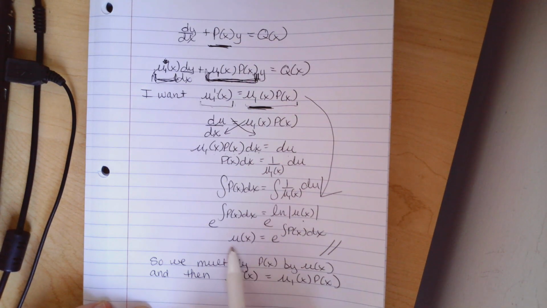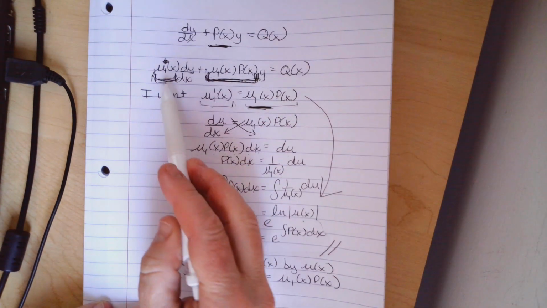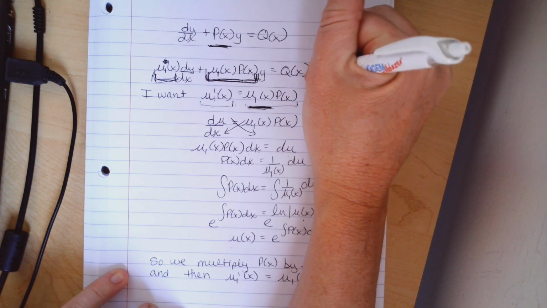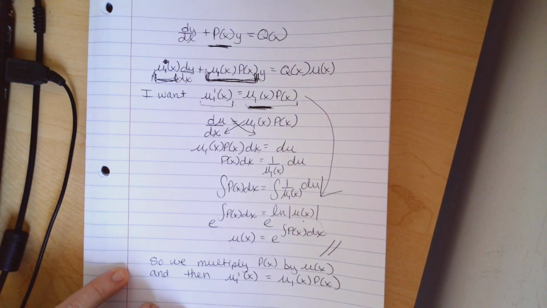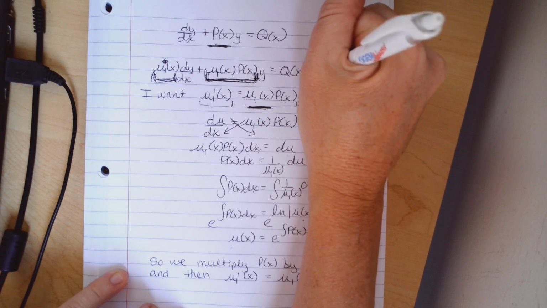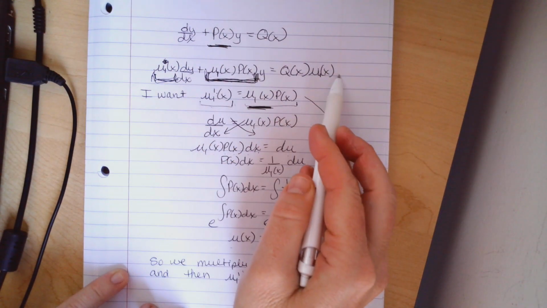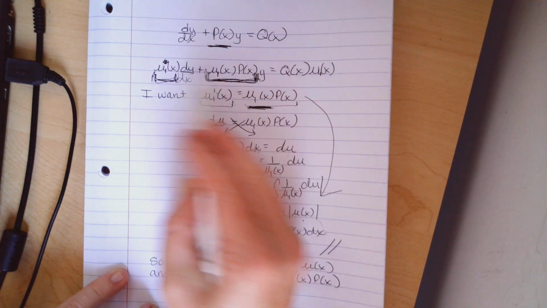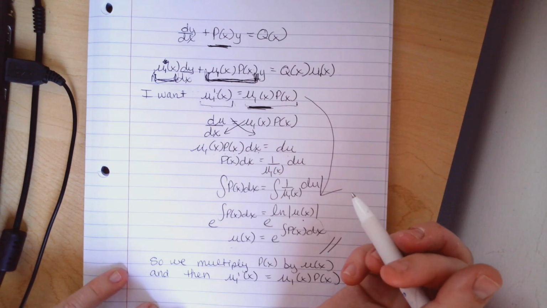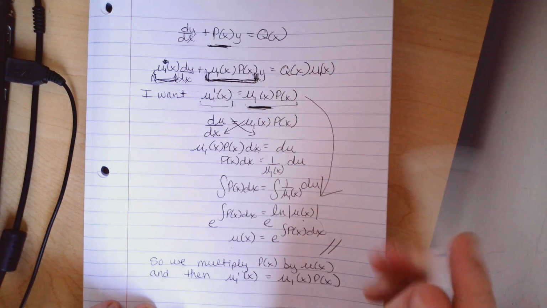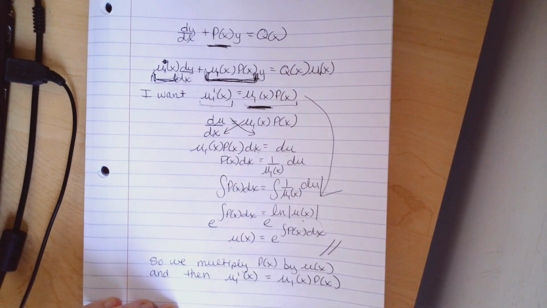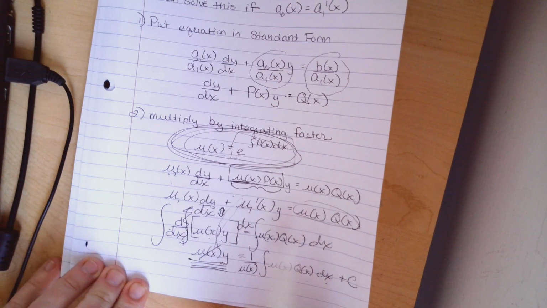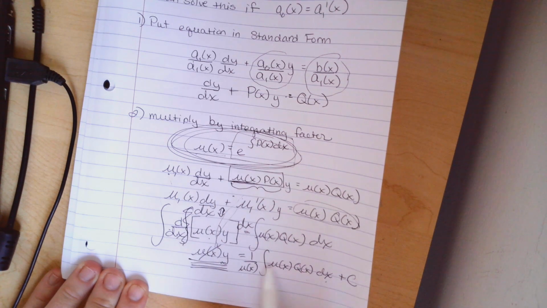We found a u of x that, if I multiply it by everybody, oh, did I give this guy? This guy's got to multiply over there too. I forgot about him. Pardon me. So if I multiply everybody out, then that makes this true, that this is the derivative of this. Once that is true, then I can go ahead and solve like we showed you over here.